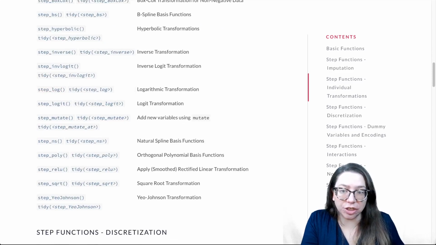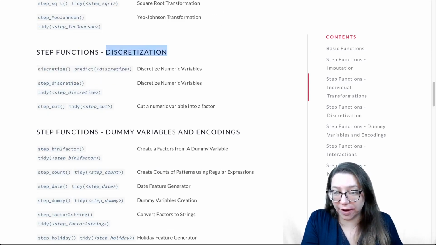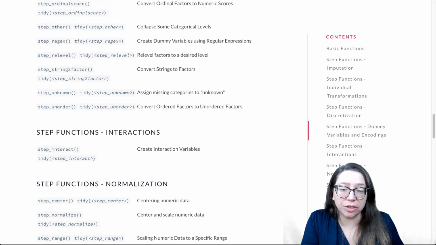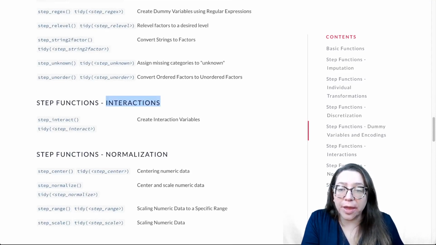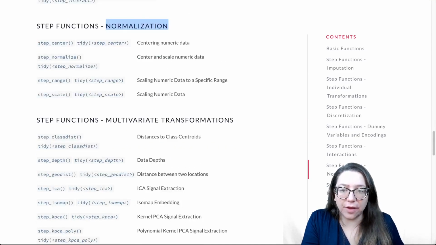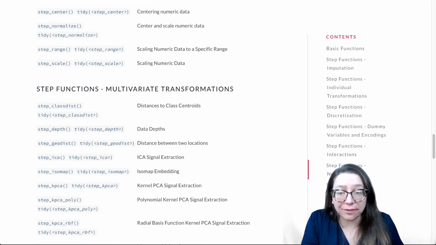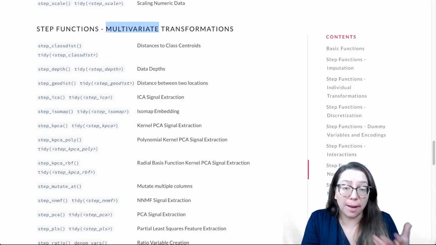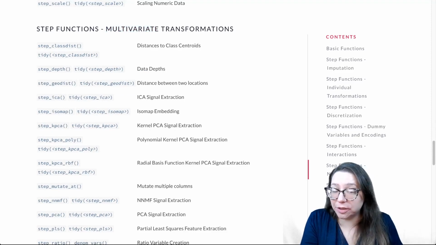For discretization, so turning a numerical variable to categorical. For creating dummy variables, which we'll talk about in a little bit, and for creating interactions or for normalizing your data. We also have options for multivariate transformations, which we're not going to get into in this course, but they build on what we're learning here as well.